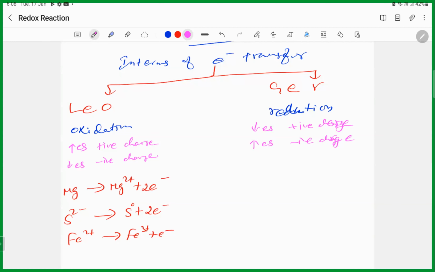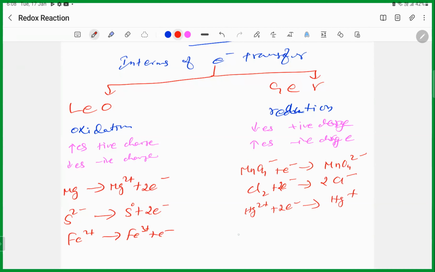For example, MnO4- plus one electron becomes MnO4 2-. Chlorine plus 2 electrons becomes 2Cl-. Hg2+ plus an electron becomes Hg+.